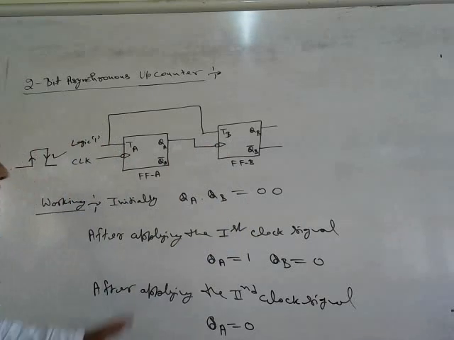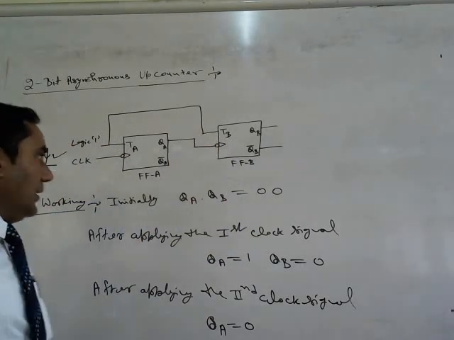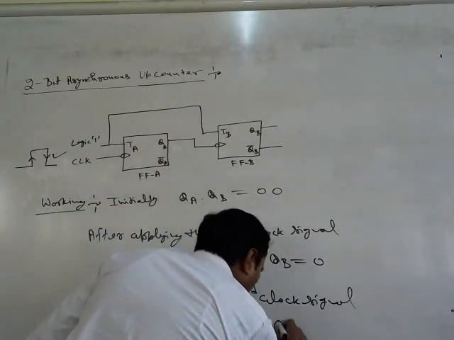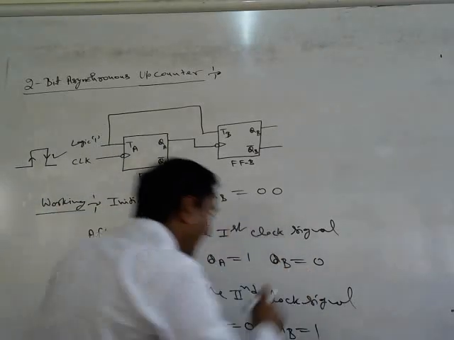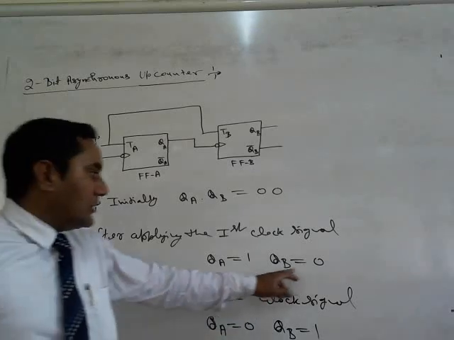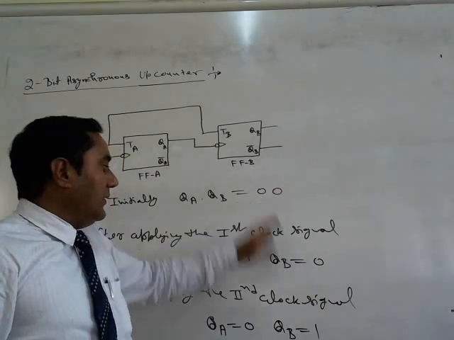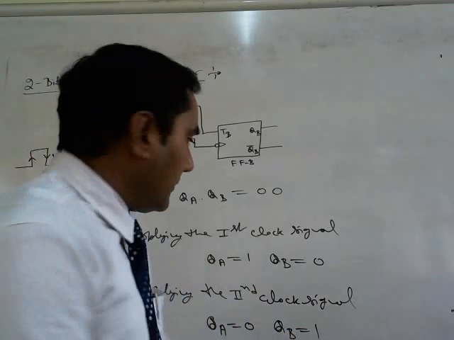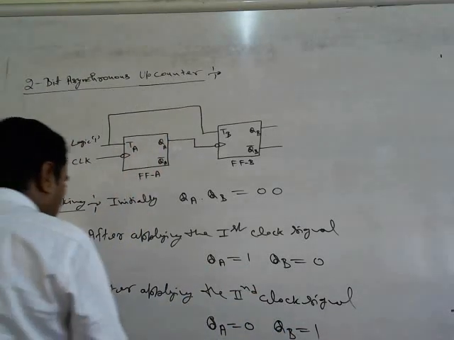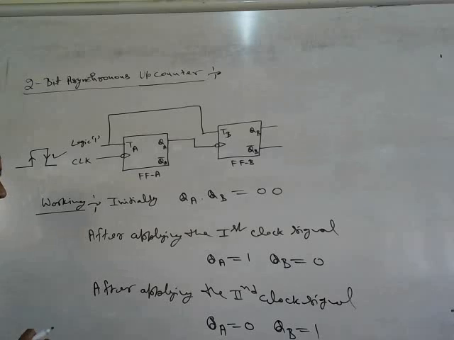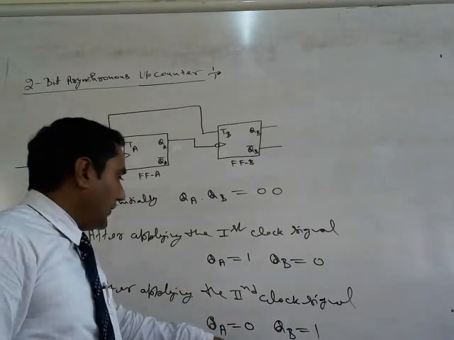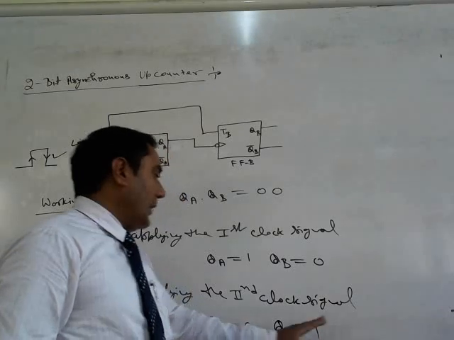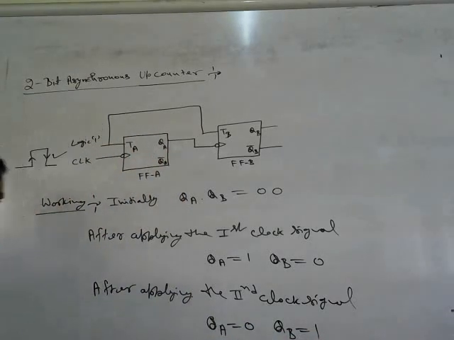It's treated as a negative edge triggering, so it toggles now. And the content of QB becomes equal to 1, because QB last time equaled 0. After toggling, the content of QB equals 1. So we can say after applying the second clock pulse, the content of QA equals 0 and QB equals 1.